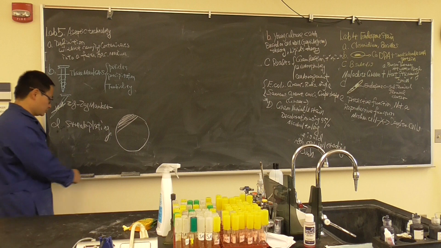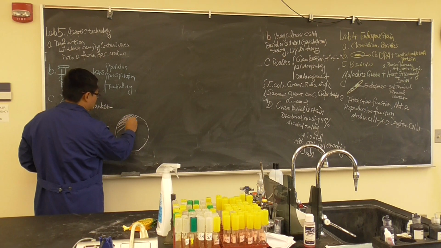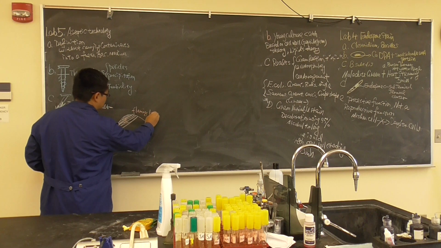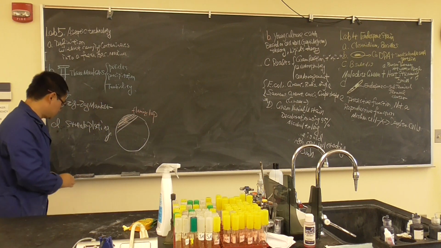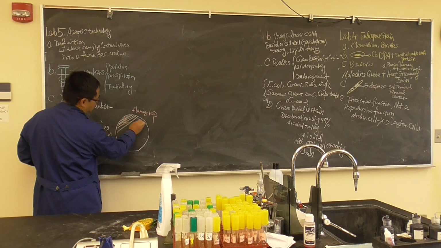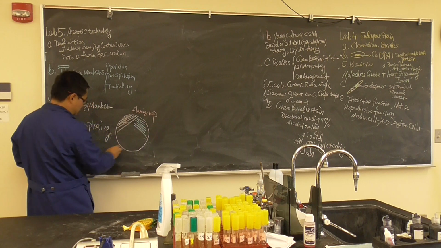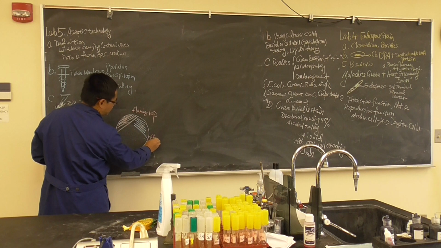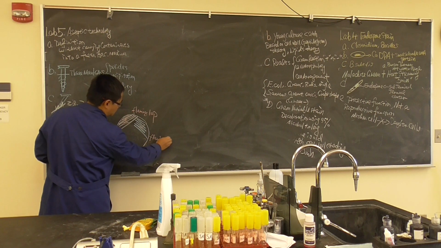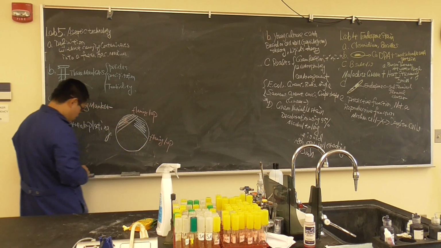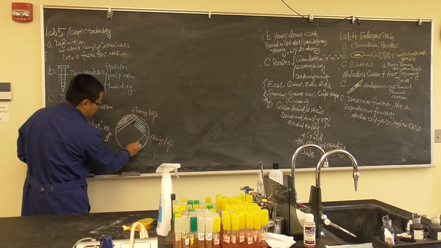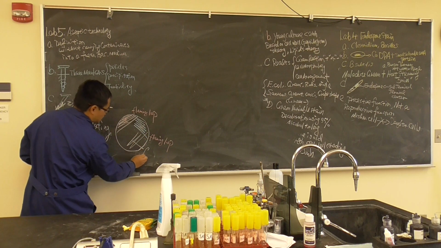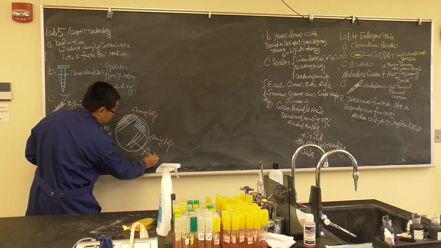Then we flame the loop. This is number one. From the corner, we do a second streak, less intensive. Then you have to flame the loop again. Do a third streak right here. Sometimes you have to flame the loop again.